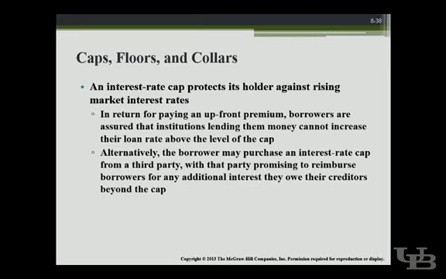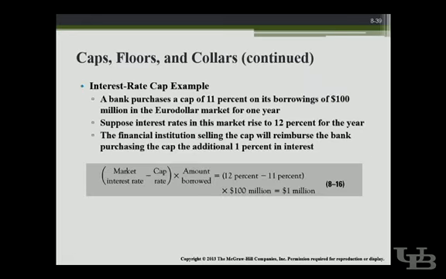What do caps, floors, and collars mean? What is a cap? And by the way, these formulas are not required. All you need to be concerned about is the definition. An interest rate cap is where the bank agrees to the highest interest rate charged on a loan to a business.